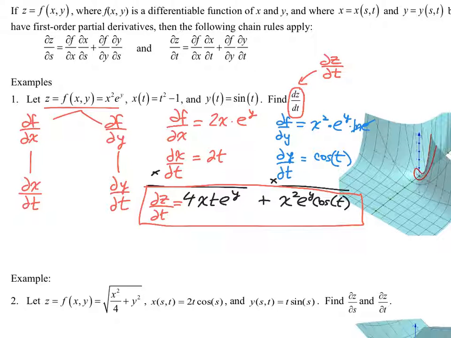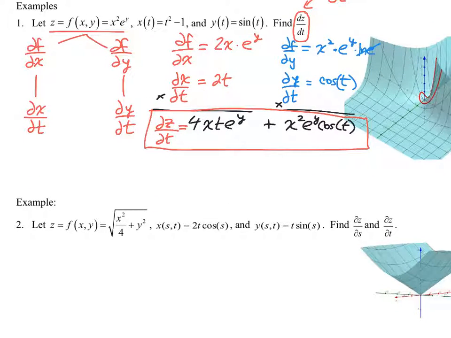All right. The next example is a little bit more elaborate because you could see x and y are both functions of s and t separately. So here the tree diagram is going to be the more important. And there it is.